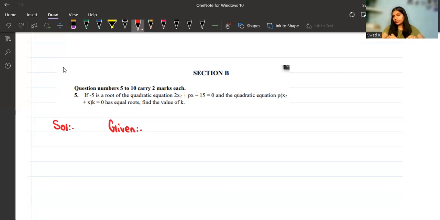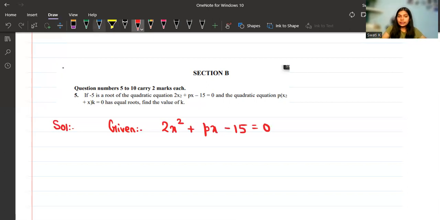Whatever is given in the question, the very first thing that you do is write down all the given information. So the very first given information is the quadratic equation 2x squared plus px minus 15 equals 0. Now, it is also given that minus 5 is a root of the quadratic equation.